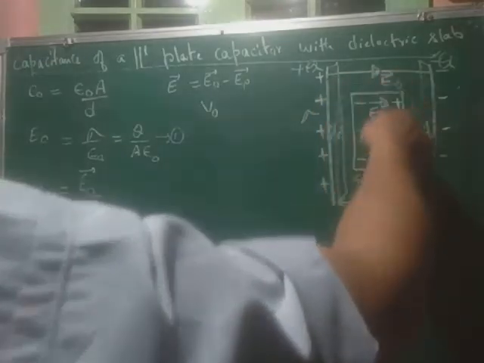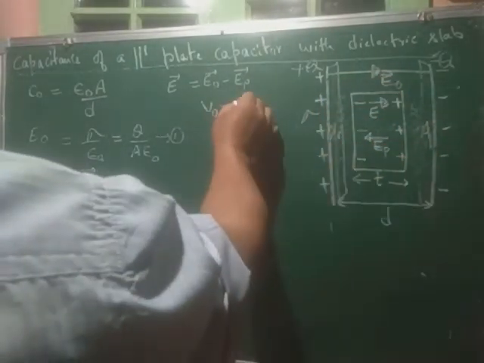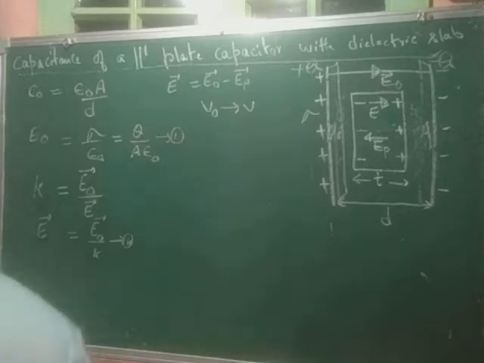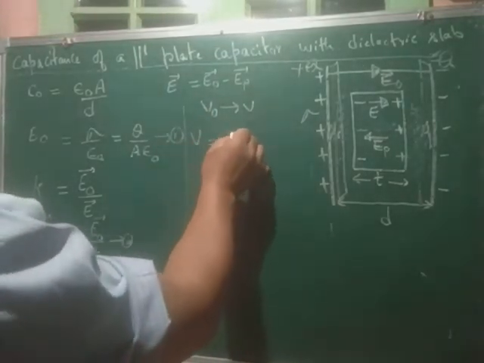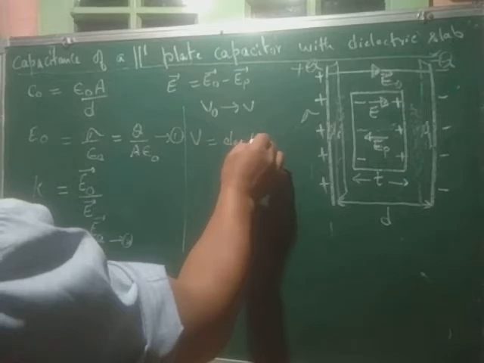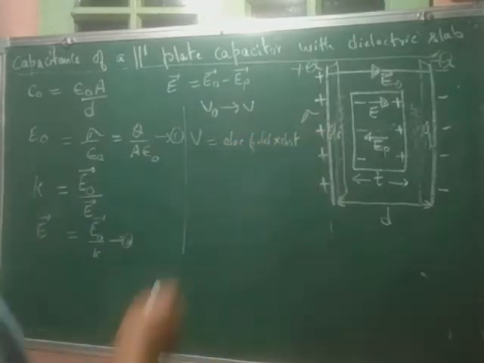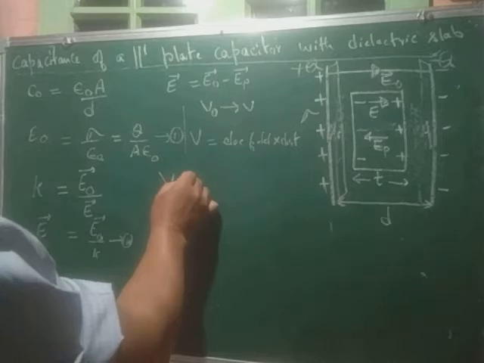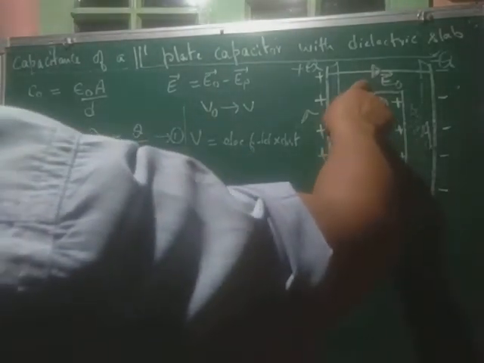But when you introduce a dielectric slab, the potential difference changes to V. And as you know, V equals electric field times the distance between the plates. There are two electric fields here actually, one is E and another is E naught.